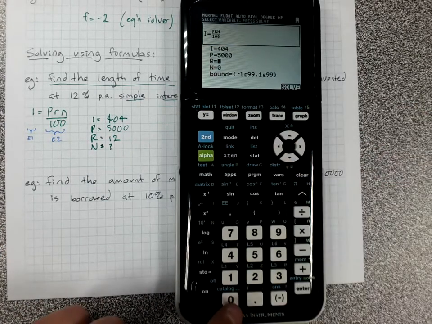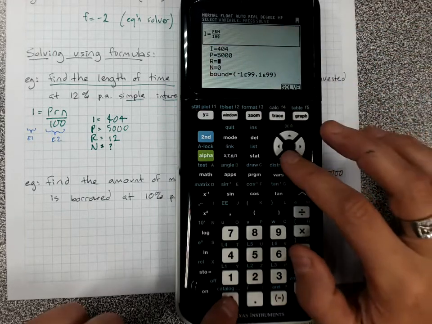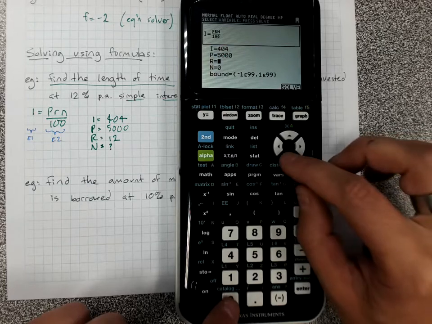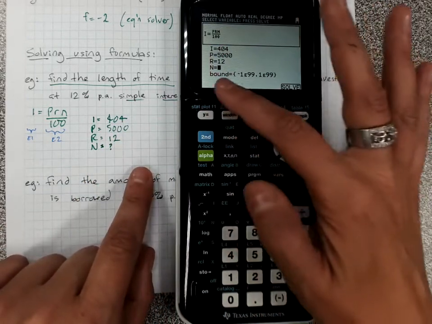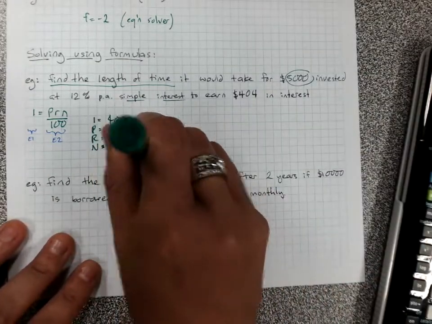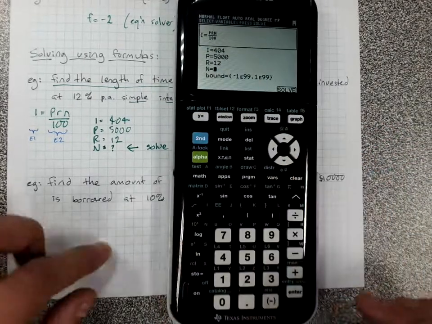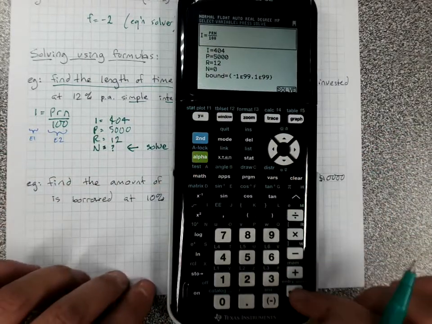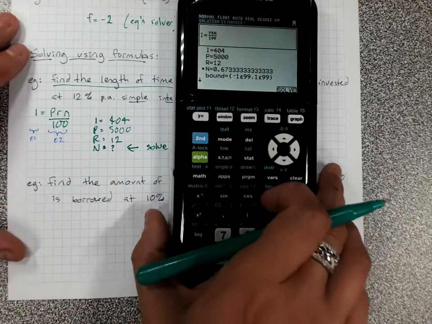Notice that you will have to have a 0 in a spot before you can move past it. So if you do need to put a 0 in and then come back to it, you can. 12. So once everything else is in, move to the thing you want to find and do alpha solve. 0.673.